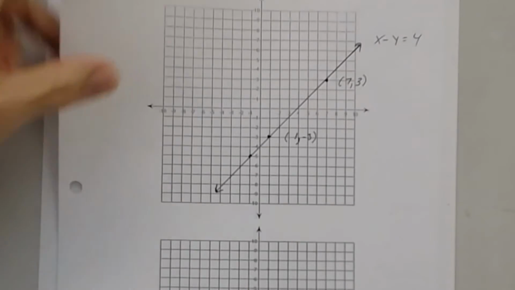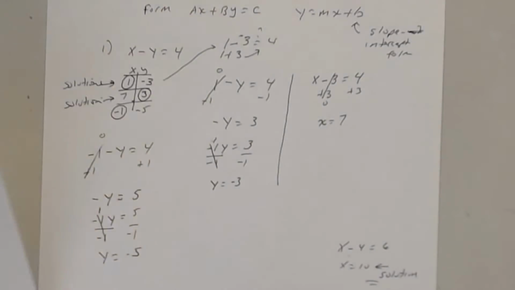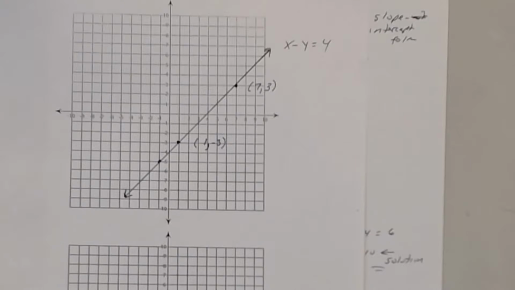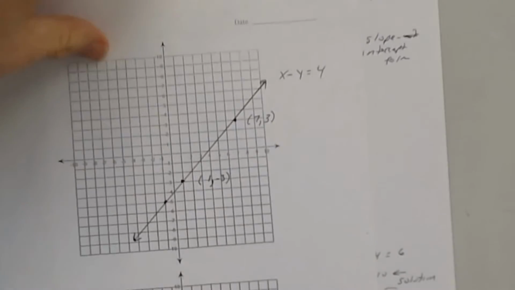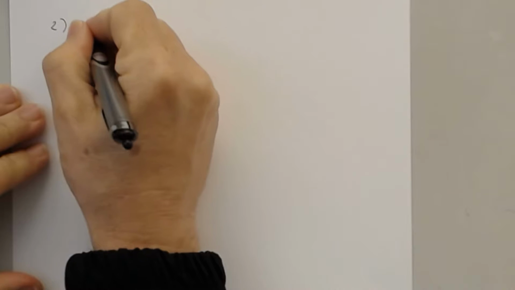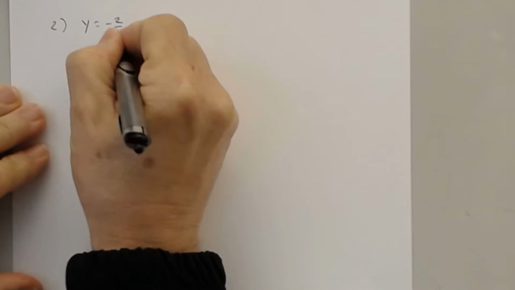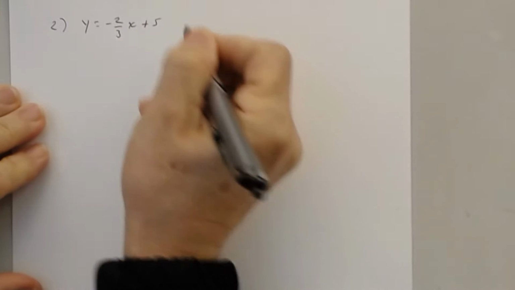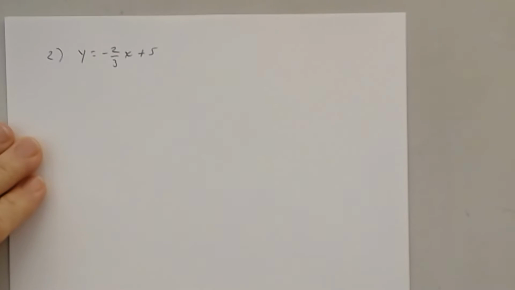Okay, let's look at the next one. Number 2. Suppose we had this linear equation: y equals negative 2/3 x plus 5.